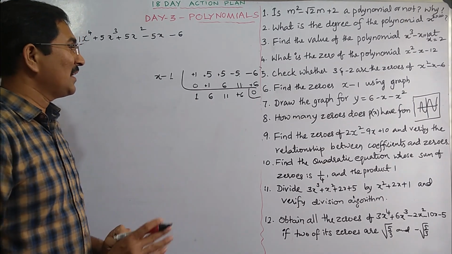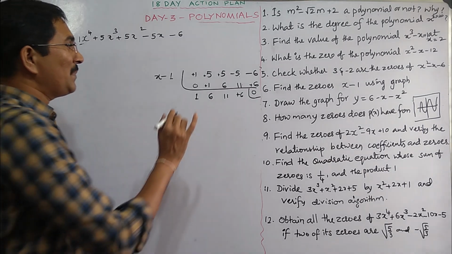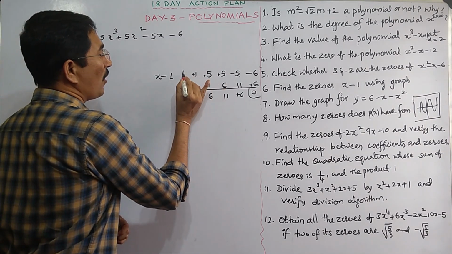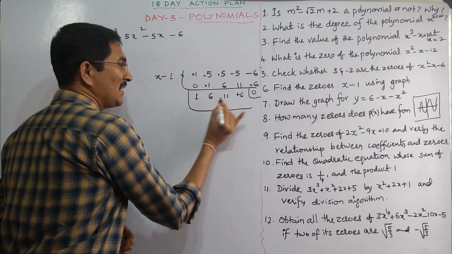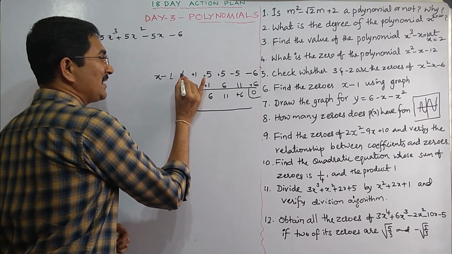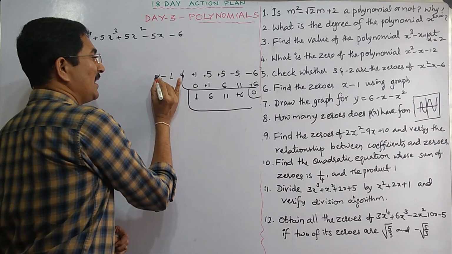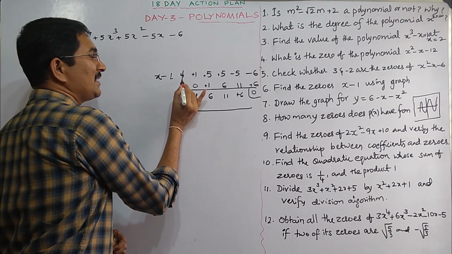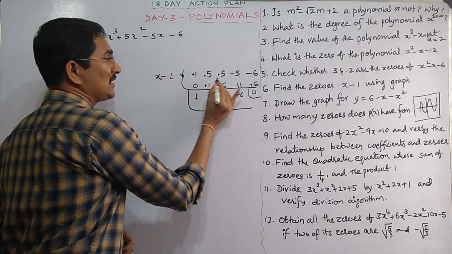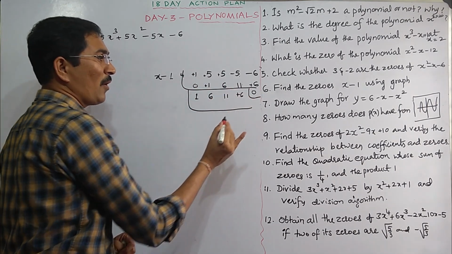So that means now, because this is a 4th degree polynomial, the next one, what you obtained as the quotient, is of 3rd degree. 1 degree reduces every time you do it, because it is divided by a 1st degree polynomial. 1 degree goes down. So this is a 4th degree polynomial. So this is a 3rd degree polynomial.